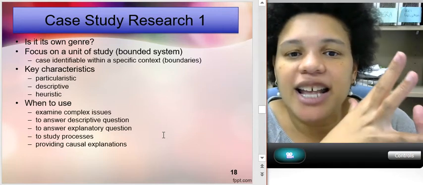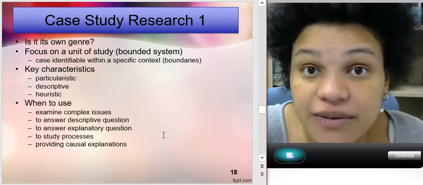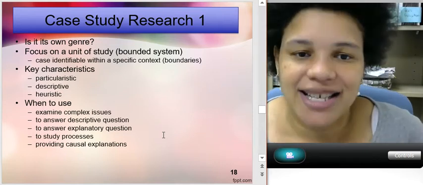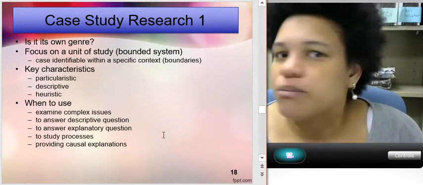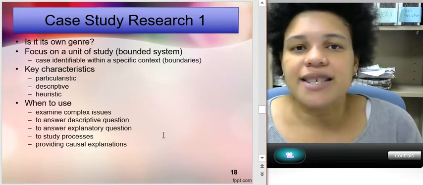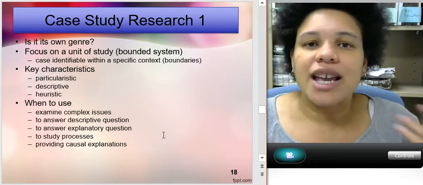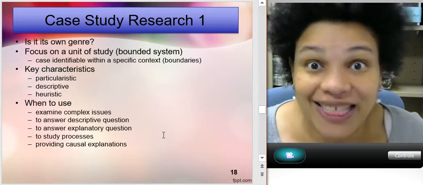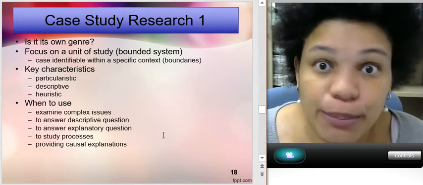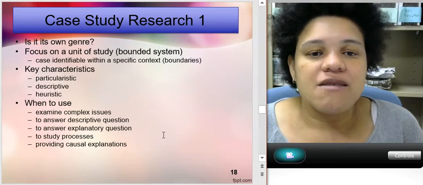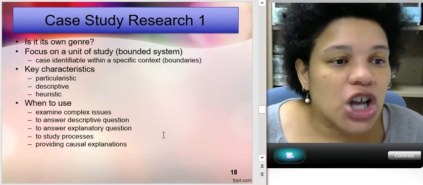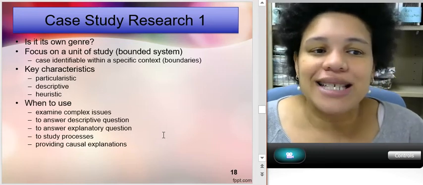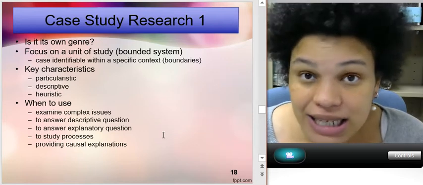But it is more associated with qualitative research, even though when you read a case study, there may be numbers and graphs and charts. It's more associated with interviewing people, going there and seeing what it's like there, and talking with people about what happened, that kind of thing. So the case is identifiable within a specific context.